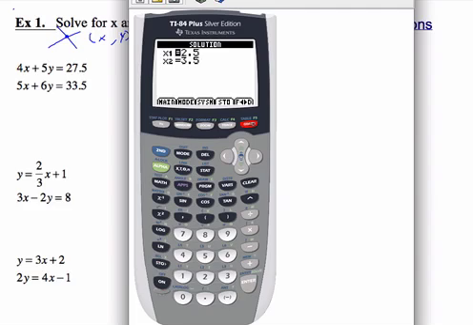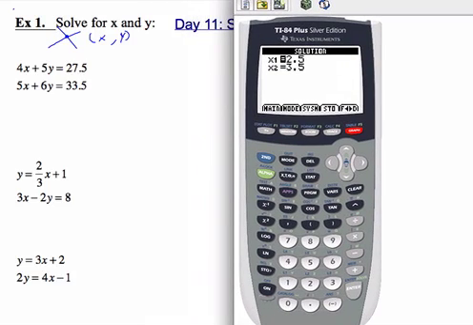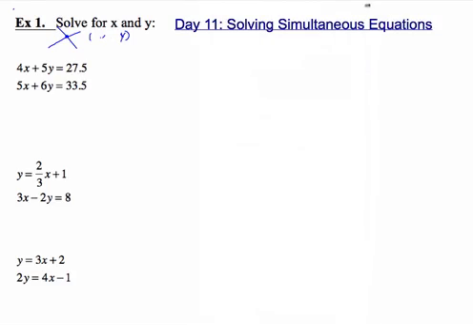I'm going to solve, and we have 2.5 and 3.5. So the first one is our x and the second one is our y. Now it's not really asking for your point here, it's asking you for x and y. So the answer is x equals 2.5, y equals 3.5.